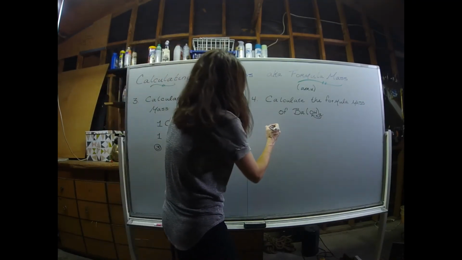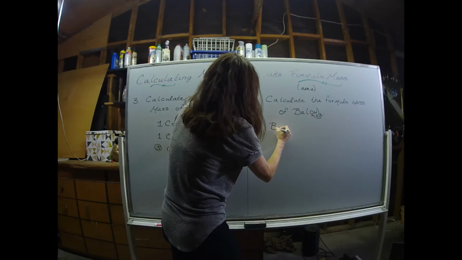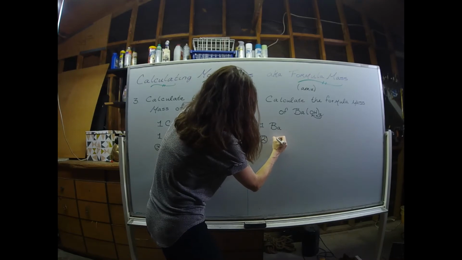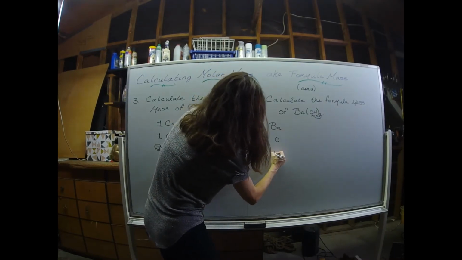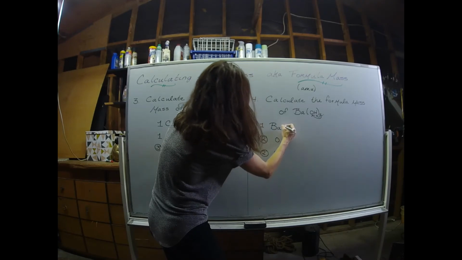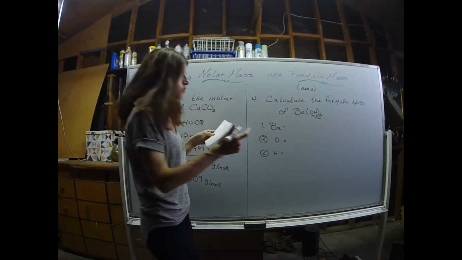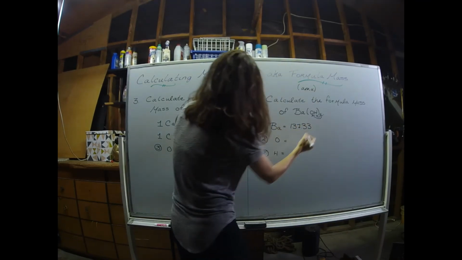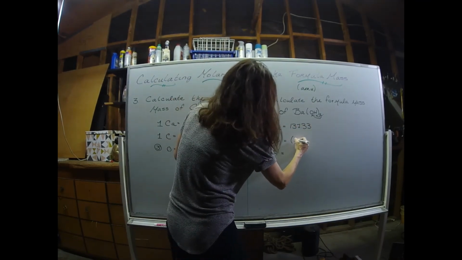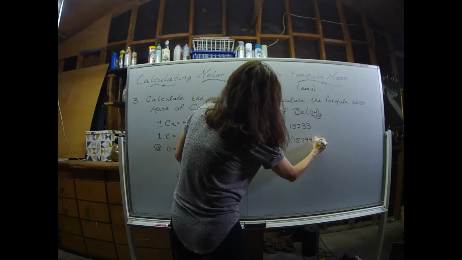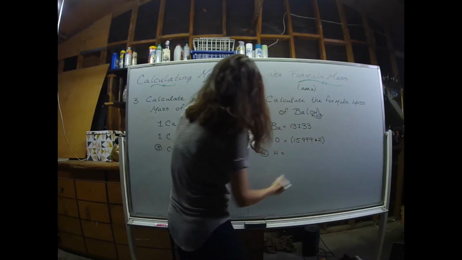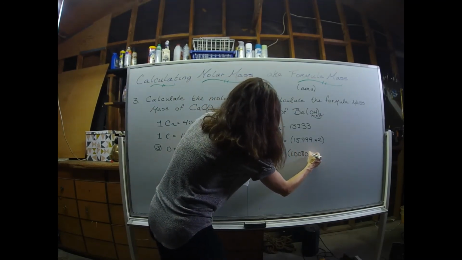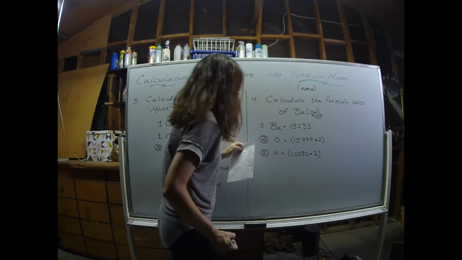Let's crunch the numbers here. So we have 1 barium and 2 oxygen and 2 hydrogen. So 137.33 for the barium, 15.999, multiply that by 2 for oxygen, and 1.0080 times 2 for the hydrogen.